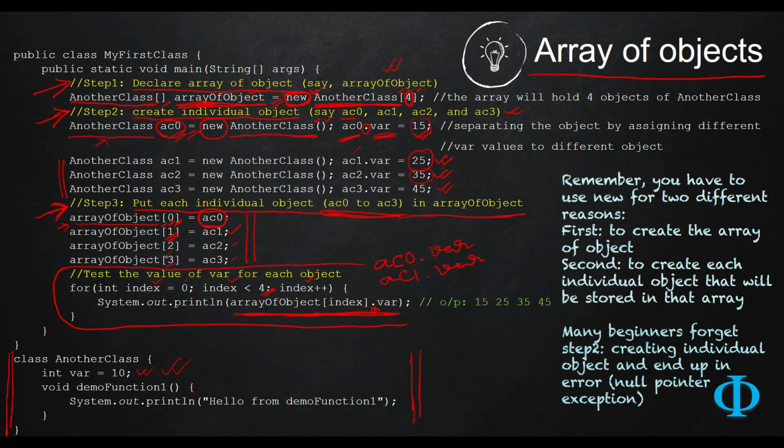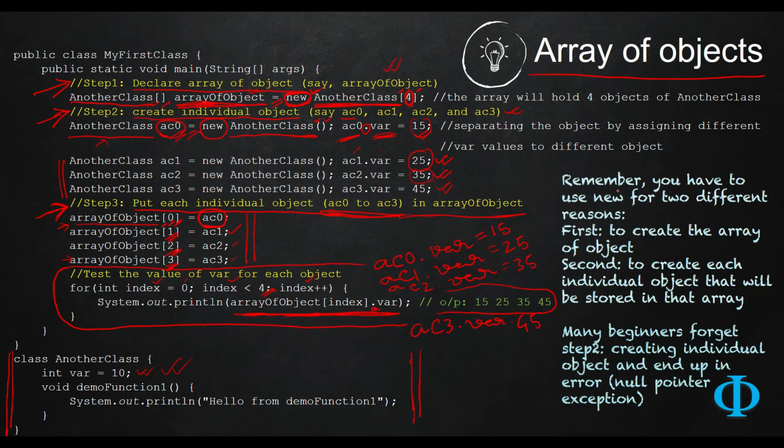The next iteration it will print the object at index 2, which is AC2 dot var. AC0 dot var means 15, then 25, then 35, and in the final iteration it will print the object stored in index 3, which is AC3 dot var, and it will print 45. That is what you can expect as the output, and you can just copy paste this program to get hands-on experience.